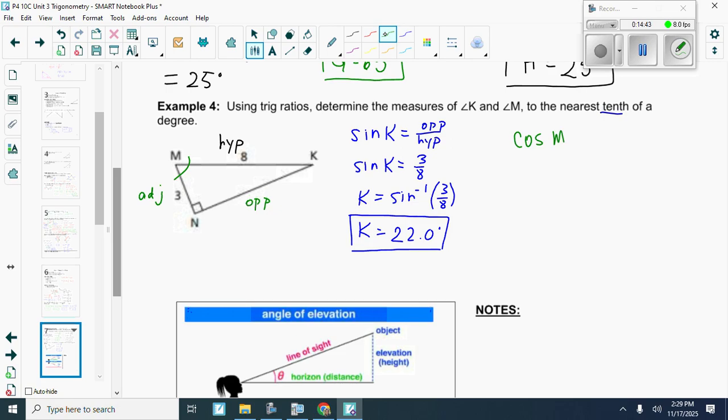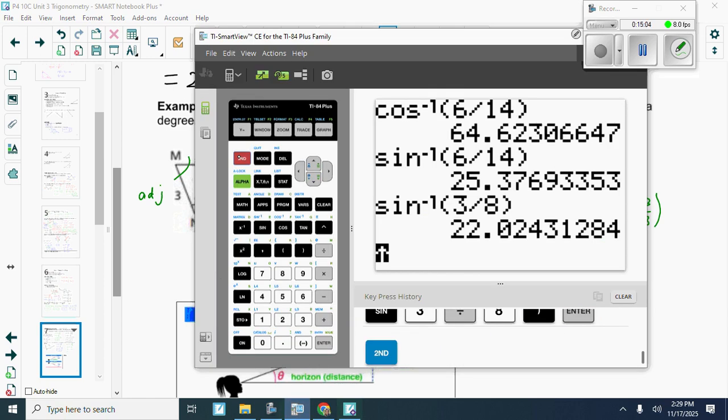Cos of M is equal to adjacent over hypotenuse. Substitute in our numbers, 3 over 8. Take the inverse cos in order to find the angle. Then M is equal to inverse cos of 3 divided by 8.